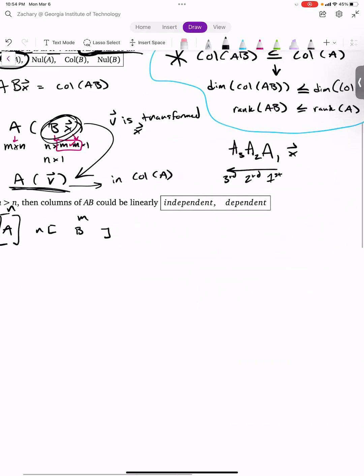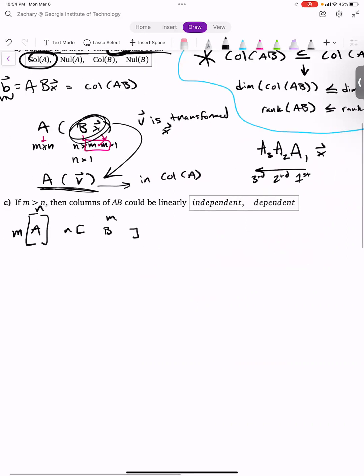From here, the columns of AB could be linearly independent or dependent. Independent columns means you have a pivot in each column.